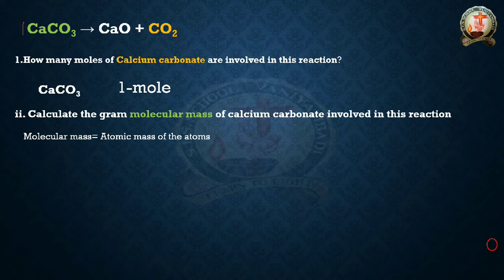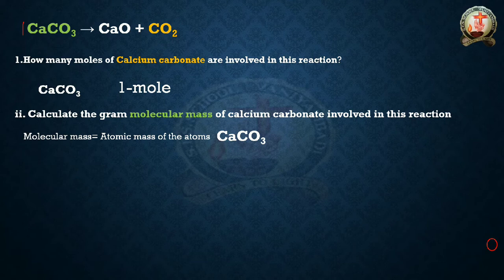We need the atomic weight of each, and the periodic table is very helpful to find this. You know the periodic table, I have already shown you. In the periodic table, the atoms are arranged in increasing order of atomic number.